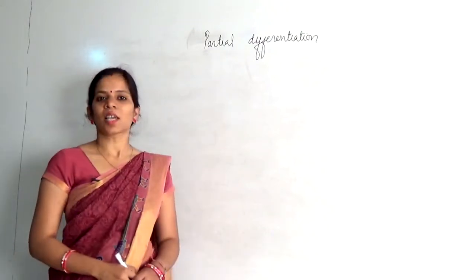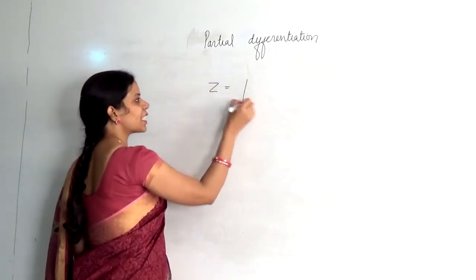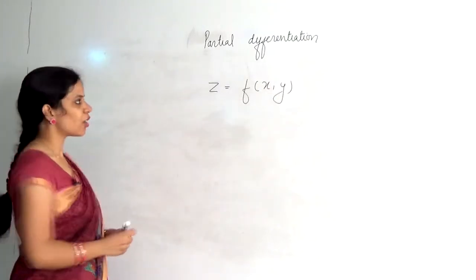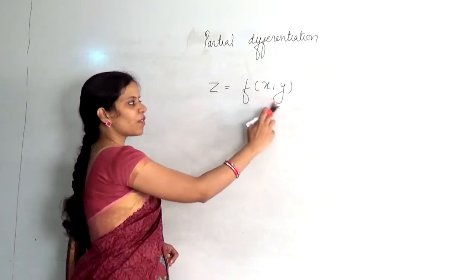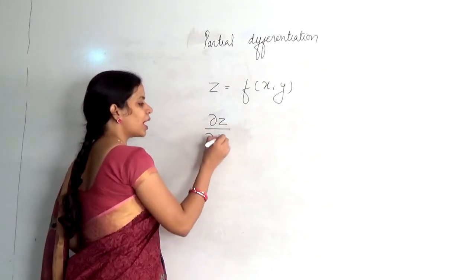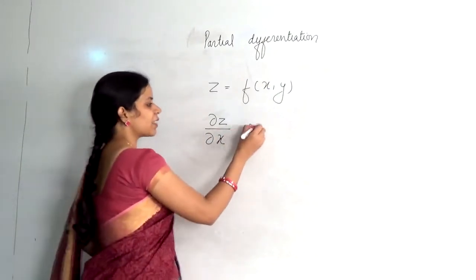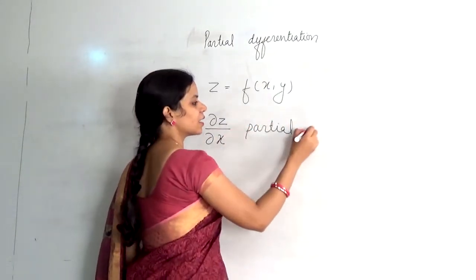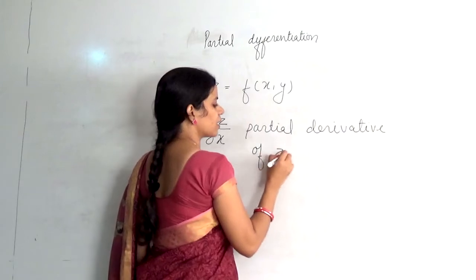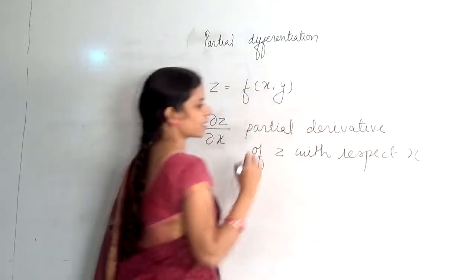Today we will discuss partial differentiation. At first, let z be a function of x and y. Suppose z is a function of x and y. If we differentiate z with respect to x by keeping y constant, then we call it the partial derivative of z with respect to x.